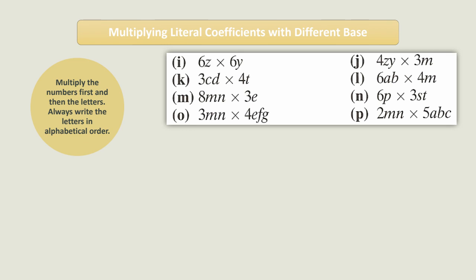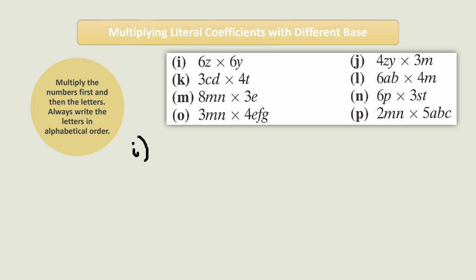Okay, so when we multiply these two together, we multiply the numbers first and then the letters. We always write the letters in alphabetical order. Again, if you don't, it will not be marked incorrectly. So if you write the Z before the Y in part I, that's fine. So we have a 6Z. We have multiplication written in these examples, but in most of the questions, actually in all the questions you have in your assignment, I think, the multiplication sign will be replaced with a bracket.